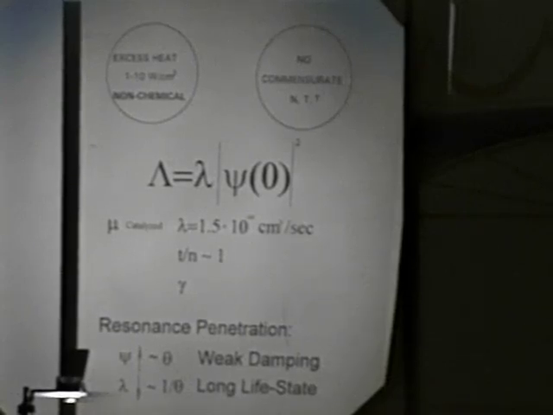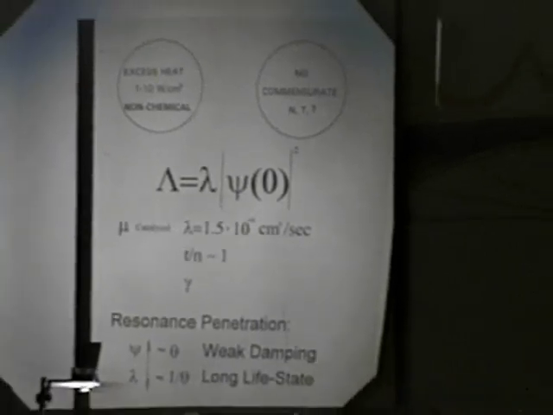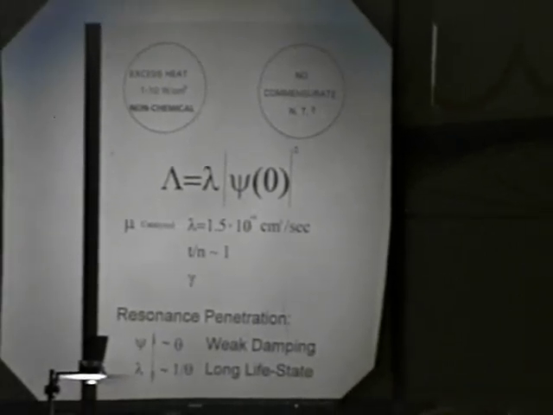Almost all theories start from this formula: the reaction rate equals the reaction constant times the wave function squared. Everyone knows the Coulomb barrier suppresses this wave function to a very small number.